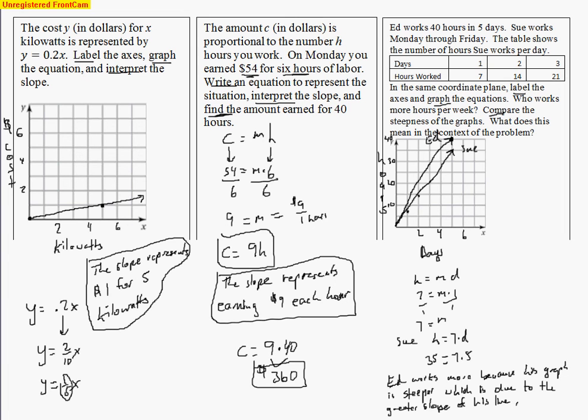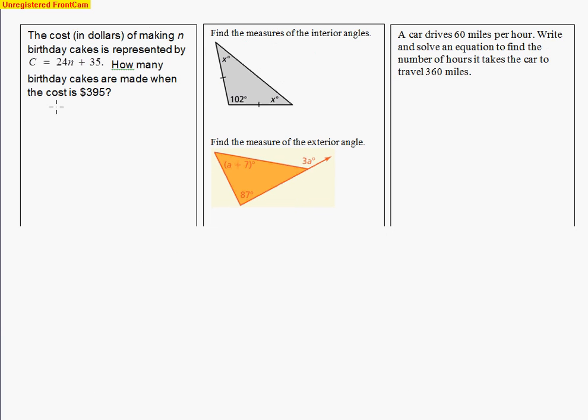So let's take a look at the last few problems here. On this next one, we are taking this number of birthday cakes, and we're substituting that cost of $395 into C, because it says here the cost in dollars of making N birthday cakes is represented by this equation. So $395 equals 24N plus 35.